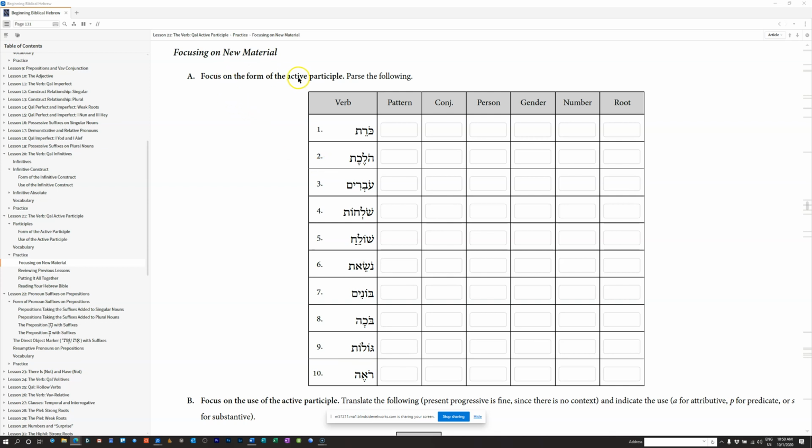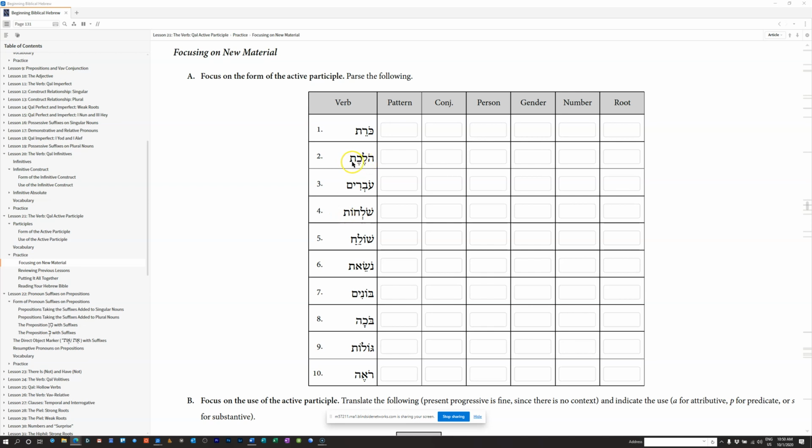This section A, we're looking at the Qal active participle, and the primary thing that you're looking for, for the most part, most of these forms are going to be pretty obvious. You're going to have a holem vowel in R1, and then you're going to have your noun/adjective endings on the end. So when you see the -im and the -ot, these are going to be pretty straightforward.